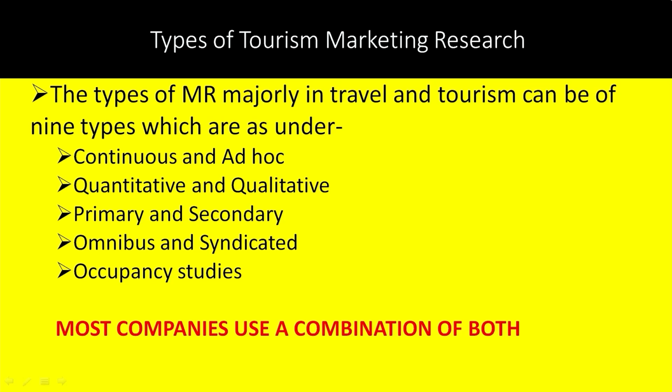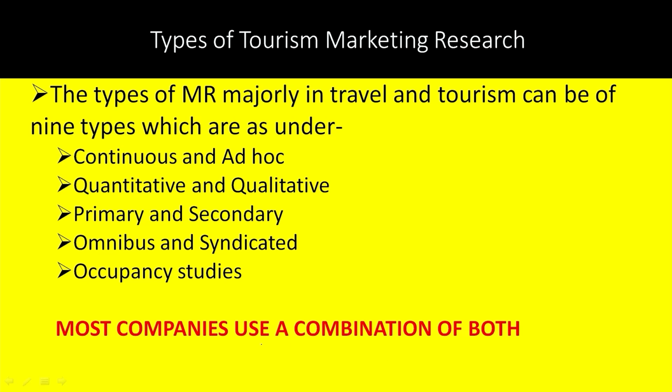Now, types of tourism marketing research. The types of marketing research majorly done in the travel and tourism industry are of 9 types. But before going ahead to study them, let me tell you that though I have written continuous and ad hoc, it looks as if either of these can be done, but this is not true.